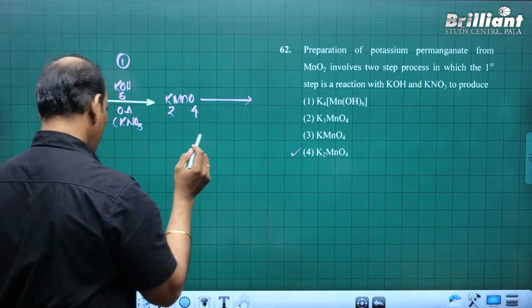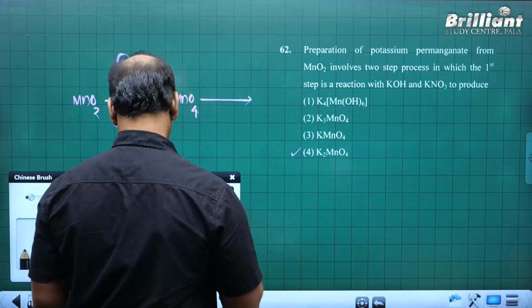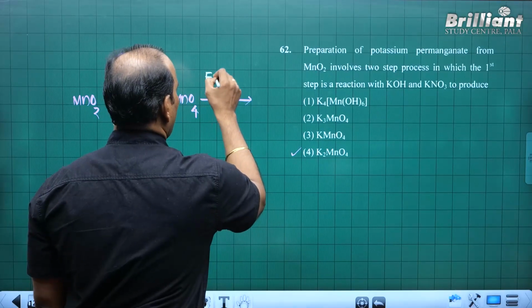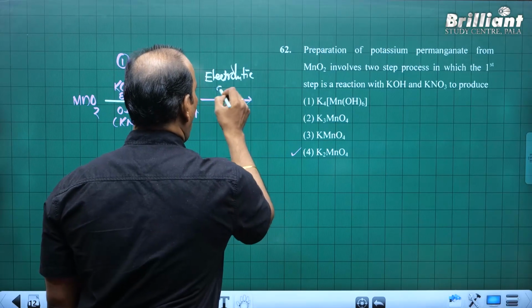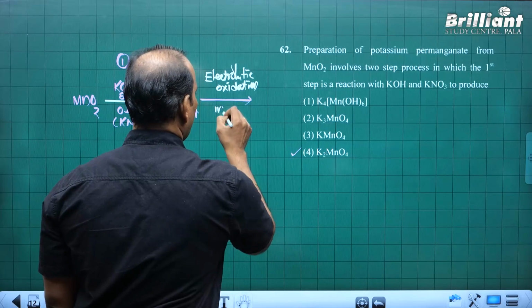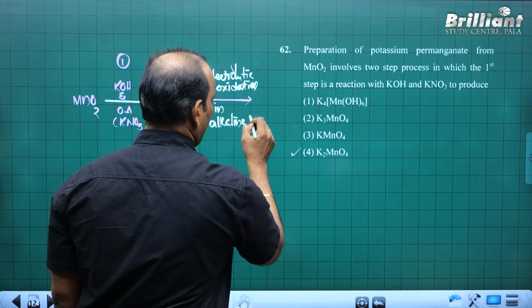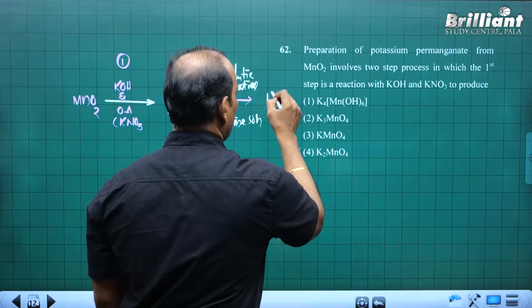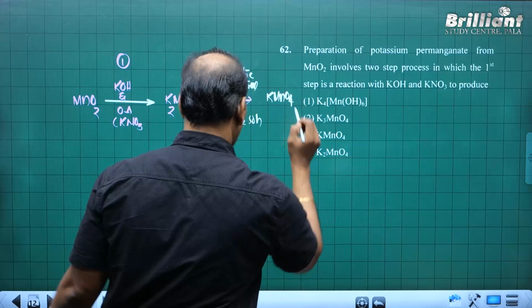In step 2, electrolytic oxidation in alkaline solution gives KMnO4. Clear?